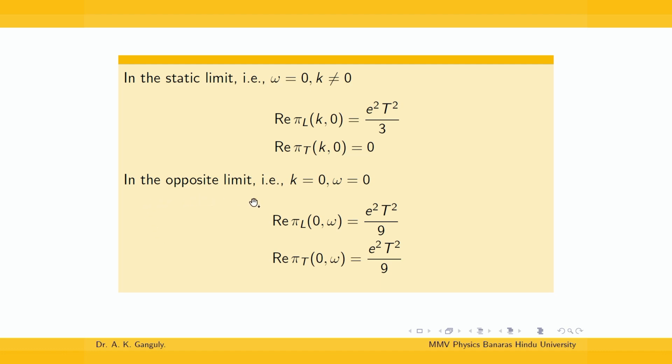But when we consider the static limit, that is omega 0 and k 0, they both are finite, and their contribution seems to be the same. What it means is probably the system has a unique web like nature to exhibit.